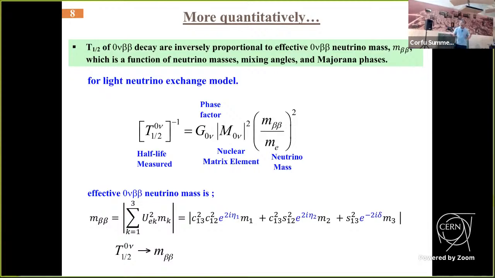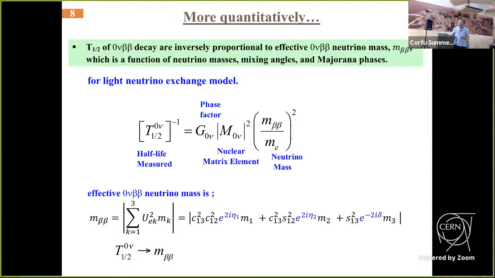More quantitatively, this formula was derived tens of years ago for the light neutrino exchange model, the standard Majorana model: the inverse of the neutrinoless double decay half-life is proportional to the square of the effective neutrino mass. That effective neutrino mass is a function of the mixing phases, the mixing angles, and also m1, m2, m3, the mass values themselves.